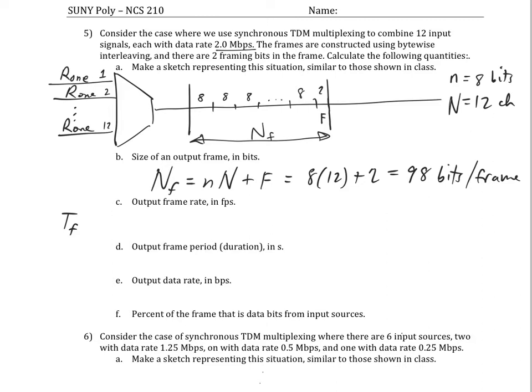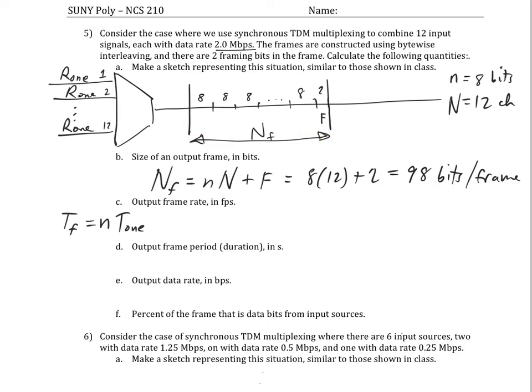And so the time needed to create this frame is 8, or let's say n, times the bit period of one of the inputs. Okay, so this is the amount of time it takes this first signal, let's say, to send 1 bit, and n is 8 bits per frame, and so we're going to take 8 times the bit period of this source, which is the time needed to create this frame.